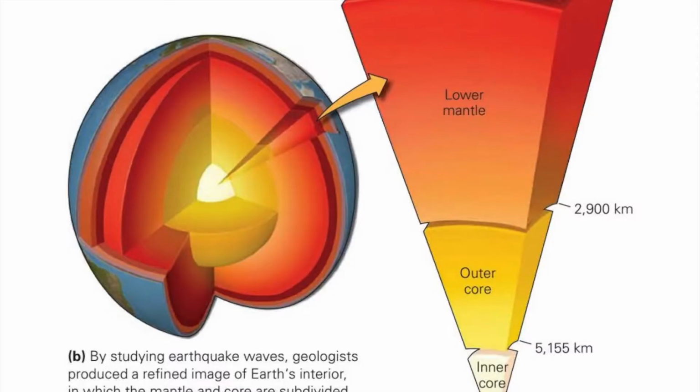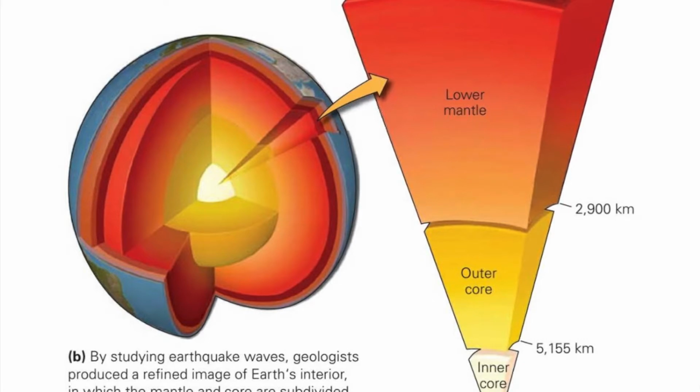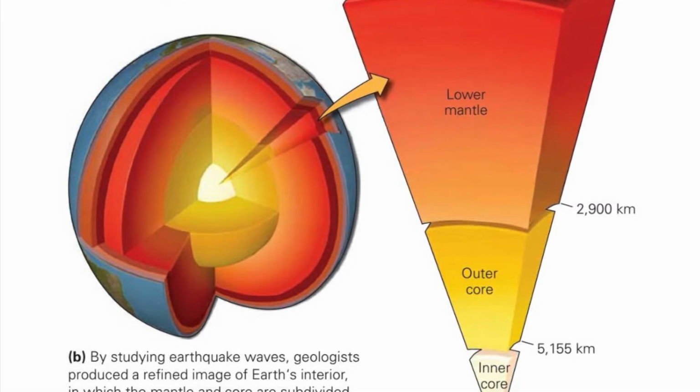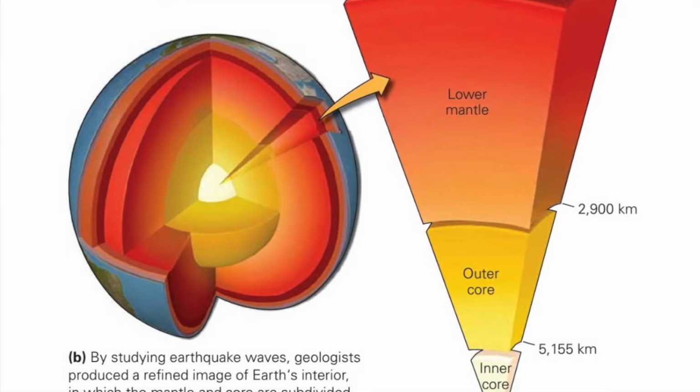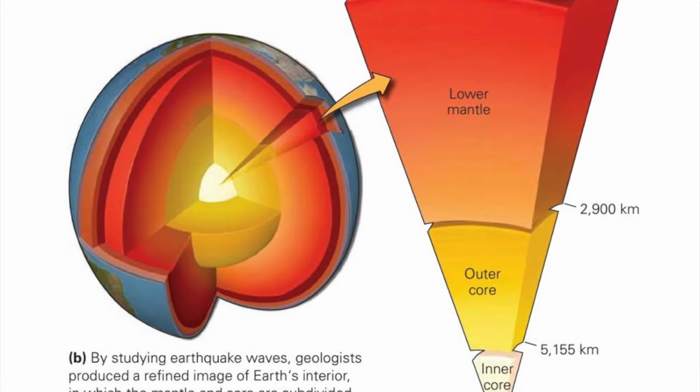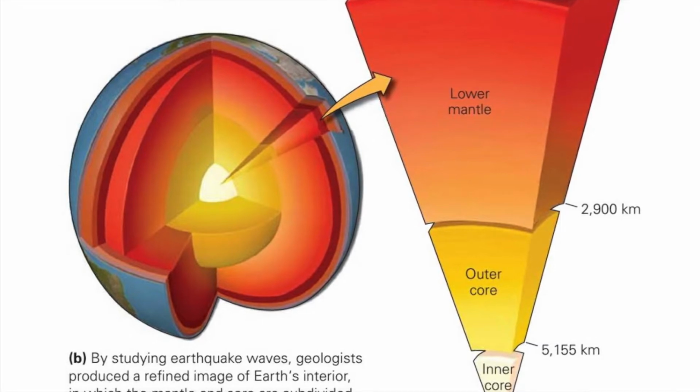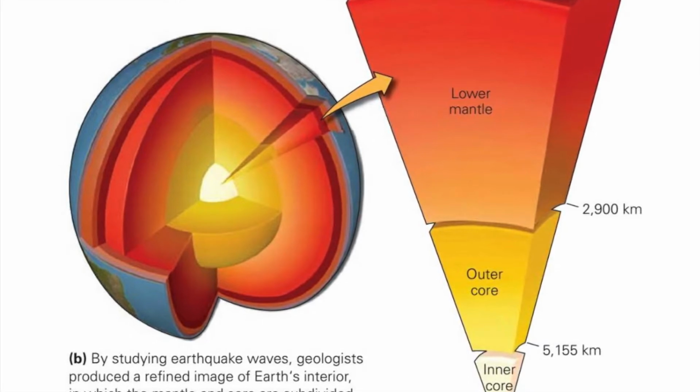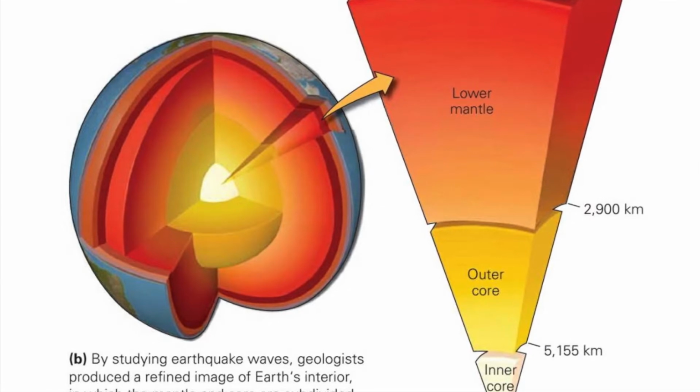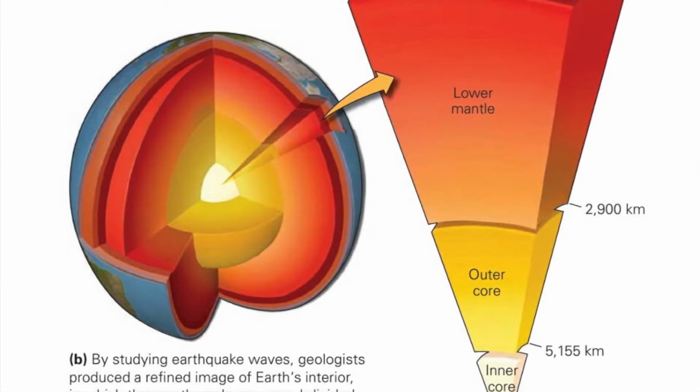Its temperature is between 4,000 Celsius and 6,000 Celsius. The inner core is about 1,280 kilometers thick and is made of solid iron and nickel. This is mainly due to the extreme pressure. Its temperature can be as high as 7,000 Celsius.